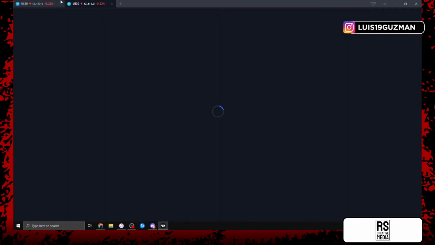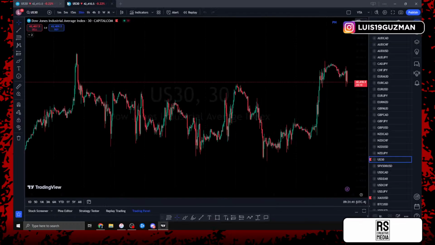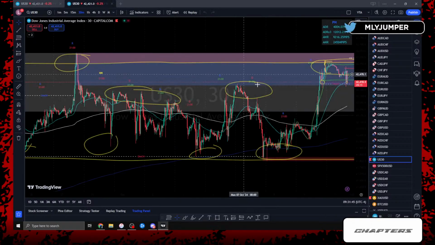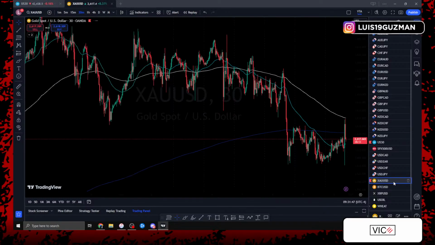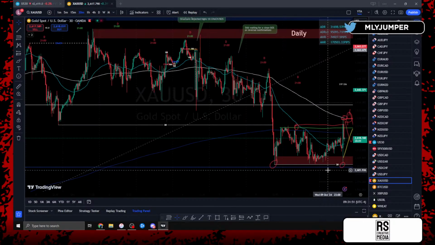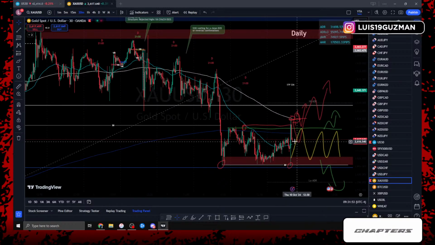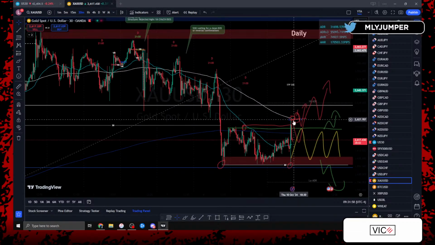Let's look at the other pairs real quick. So go back to gold. Still in the same thing. 30-minute candle, close below, back into the zone. So I'm looking for price to either break or reject.